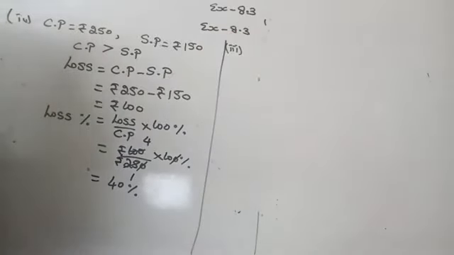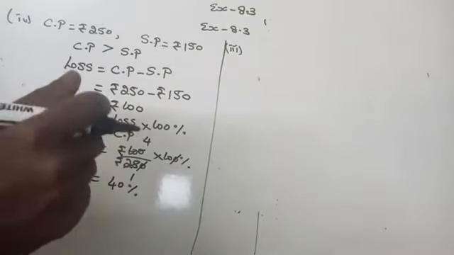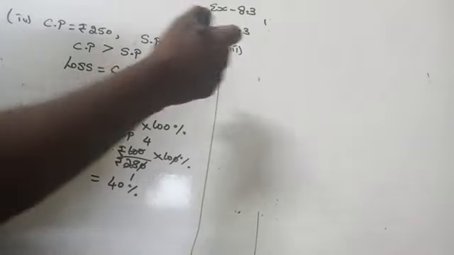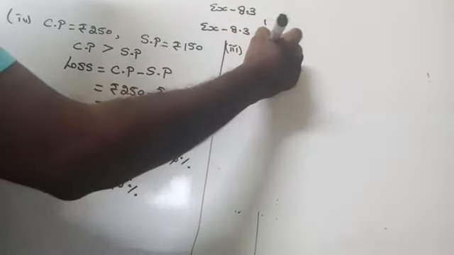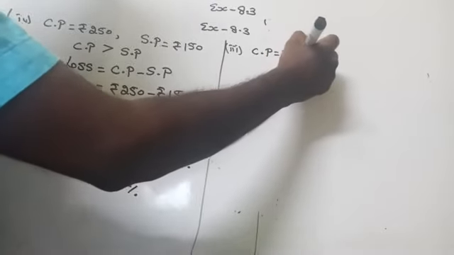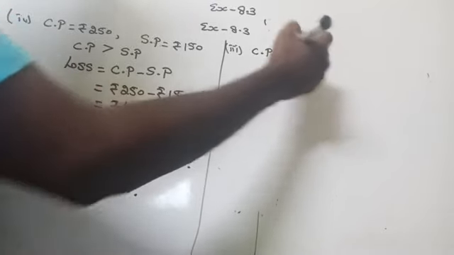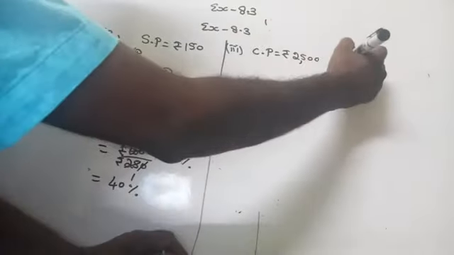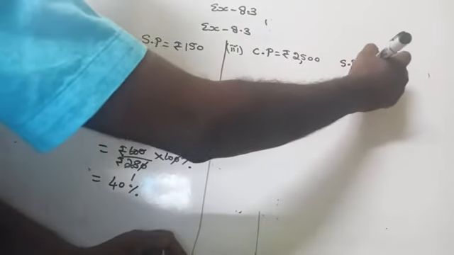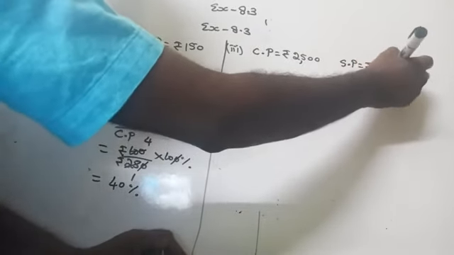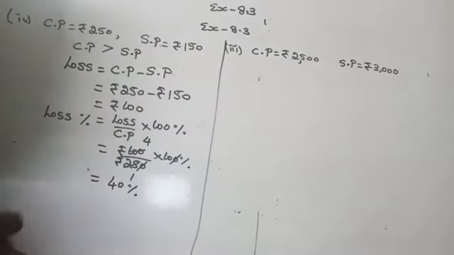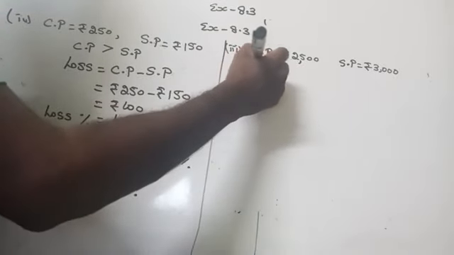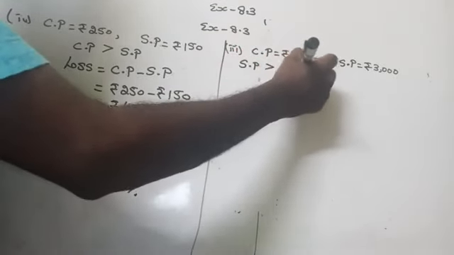Cost price is how much? Yes, 2,500. Cost price is rupees 2,500 and it sold at rupees 3,000. So here selling price is what? More than the cost price.